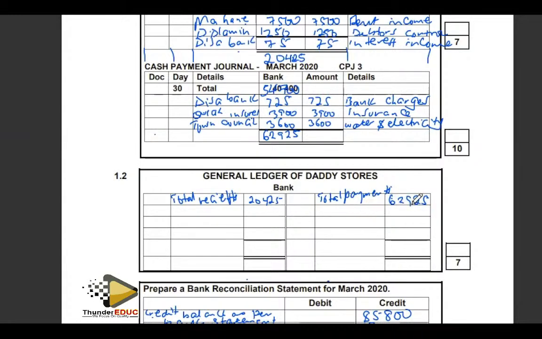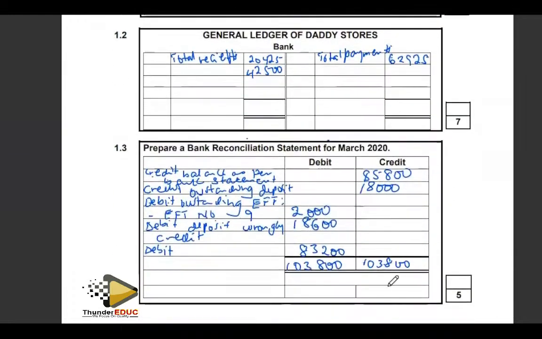So this minus this, what's the difference? 62,925 minus something, they made a mistake somewhere, 20,425. The difference is 42,500. Let me first put it here, 42,500. You see this amount is not the same as what we get here, okay?